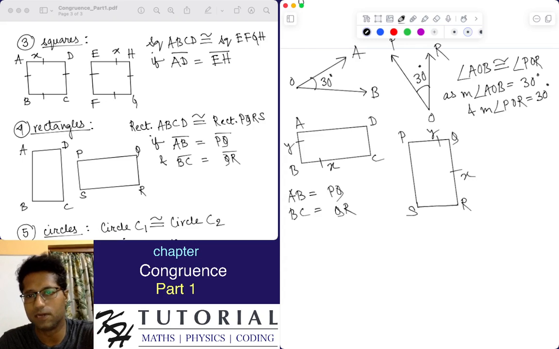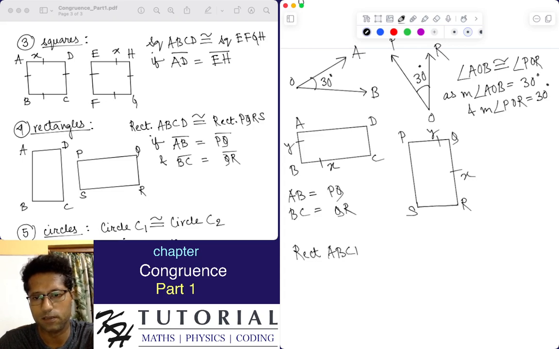But when you mathematically say that these two rectangles are congruent, you have to be very careful about naming the rectangles. If you name the first rectangle ABCD, you know that the adjacent sides are AB and BC in this rectangle ABCD. Now you have to carefully do the naming of the rectangle PQRS.